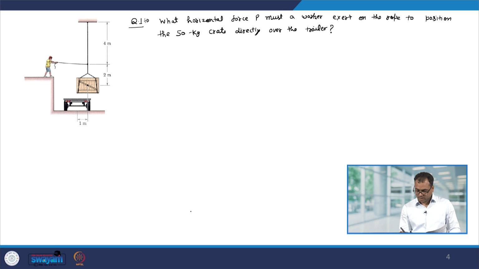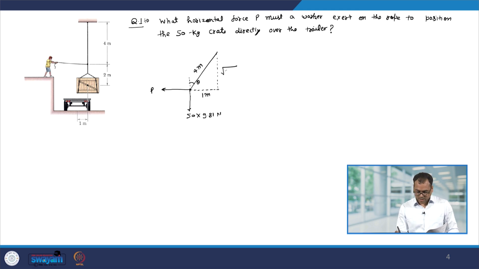So, we have a force P which is acting in this direction. Under this force, the rope is going to be like that, and we have the mass of the crate which is 50 kg. So, 50 into 9.81 Newton, and this arm is 4 meter, this arm is 1 meter, and let us say it is making an angle theta from the vertical.